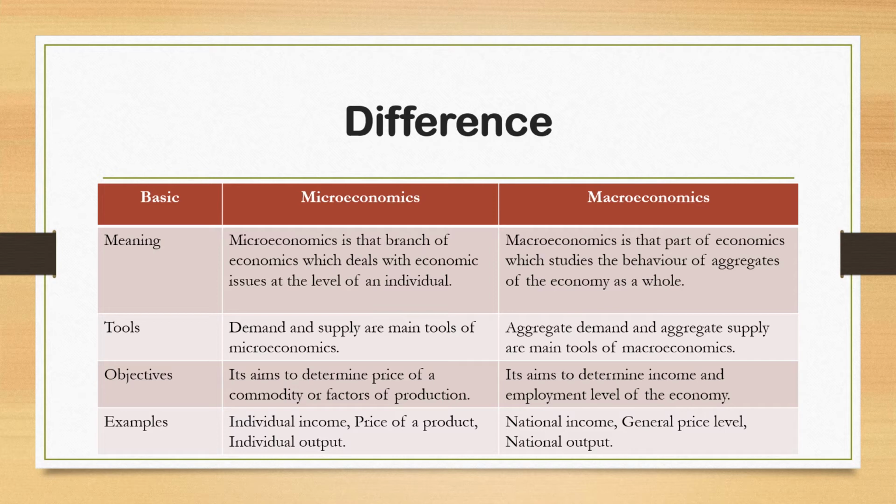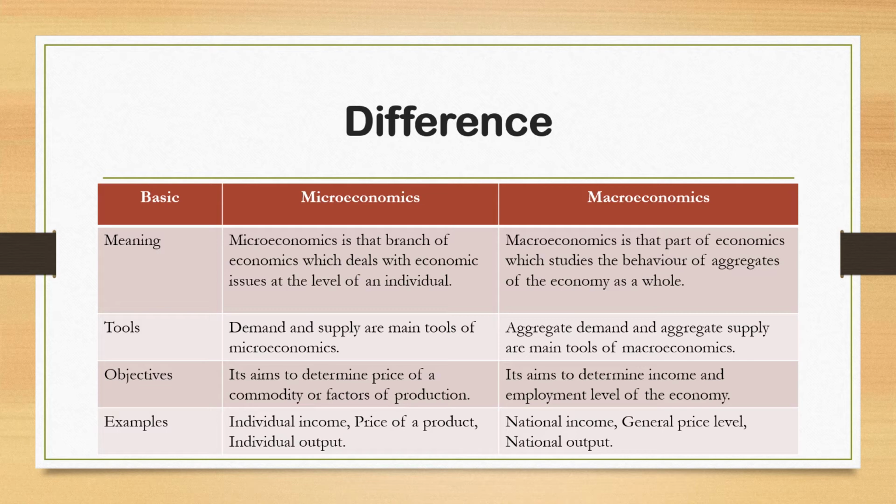Now, objectives. Microeconomics aims to determine the price of a commodity or factors of production. For this reason, another name of microeconomics is price theory. Macroeconomics aims to determine the income and employment level of the economy.